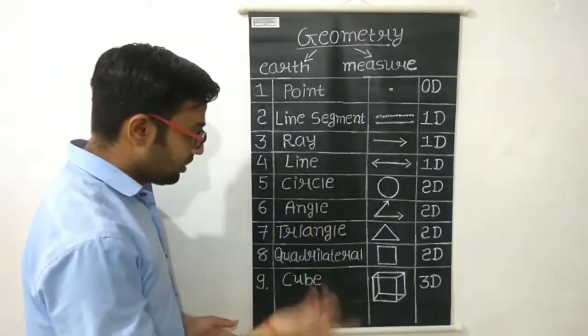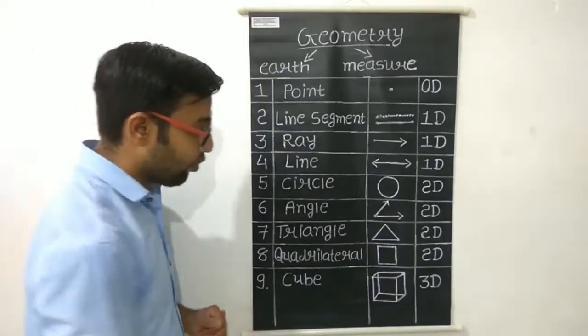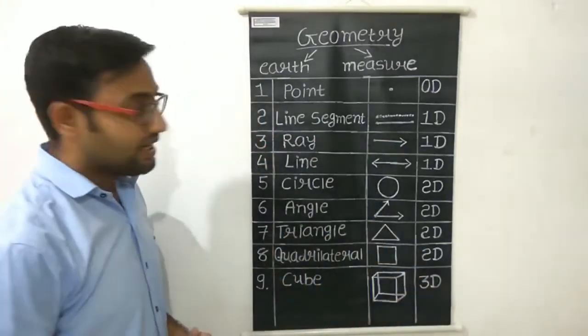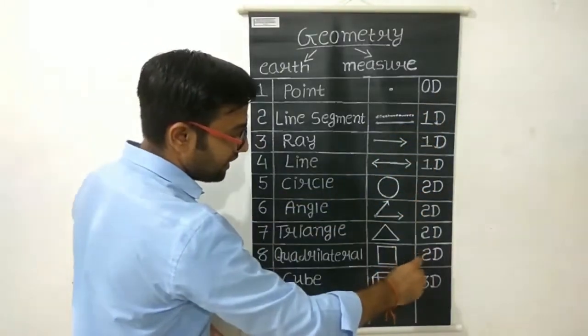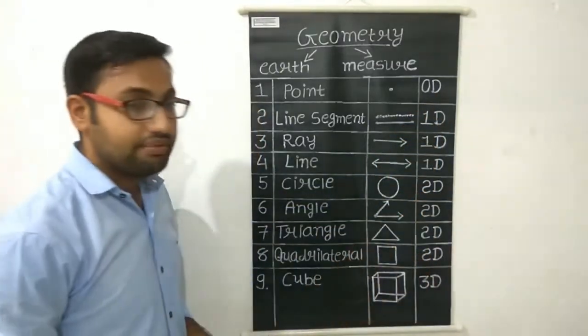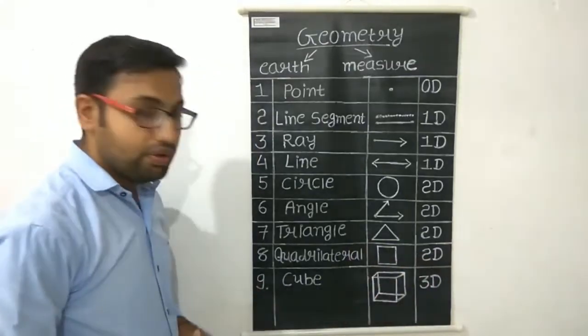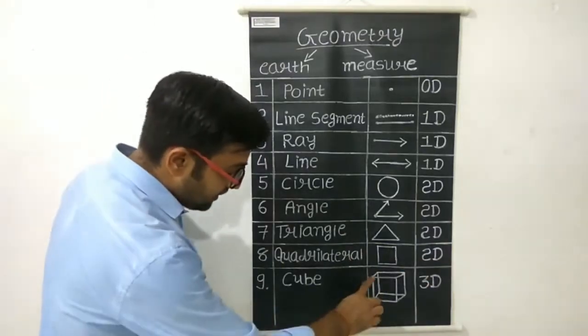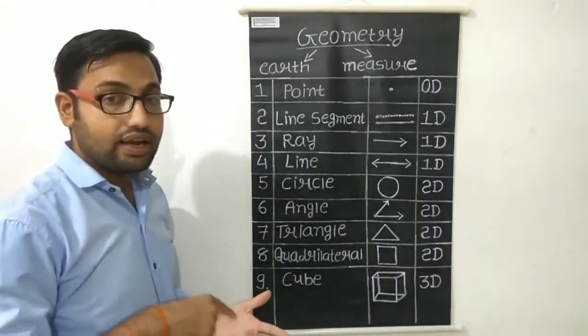Now the next shape is a cube. Let's take one example of a 3D shape. Till now we have seen 0D shapes, 1D shapes and 2D shapes. Now we will study the 3-dimension shape. This is a 3-dimension shape. It is a cube. So in this way we can draw a cube. It has a length, breadth and height.